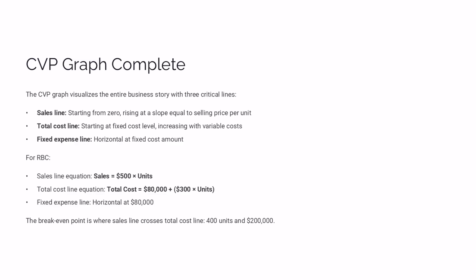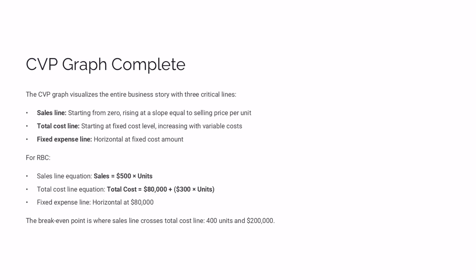The sales line starting from 0 and going up at a slope equal to the selling price per unit. In RBC's case, the line equation is sales equals $500 times units. The total cost line starting at the fixed cost level and increasing with variable costs.